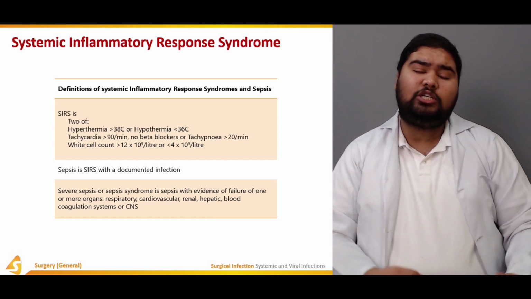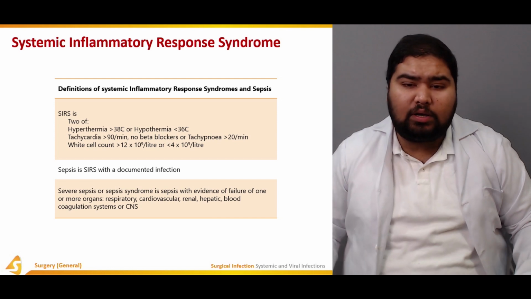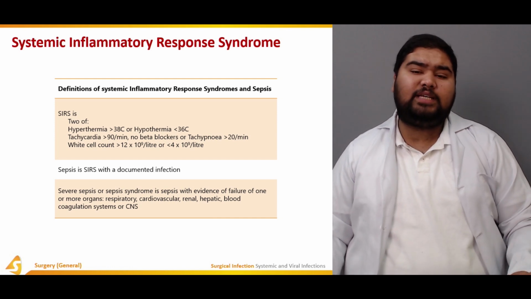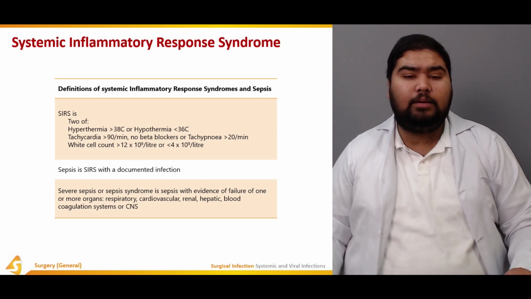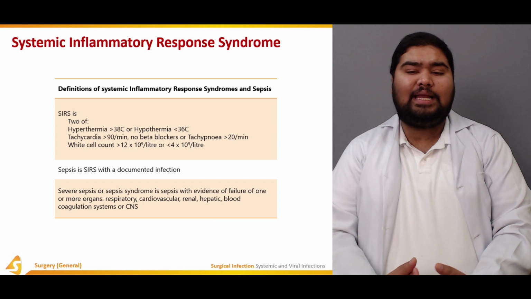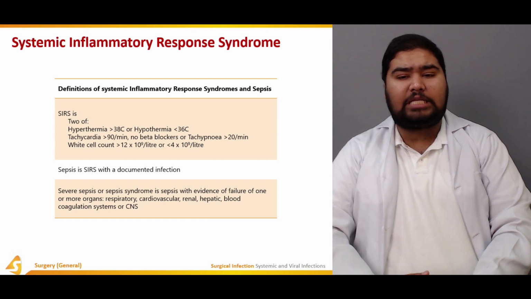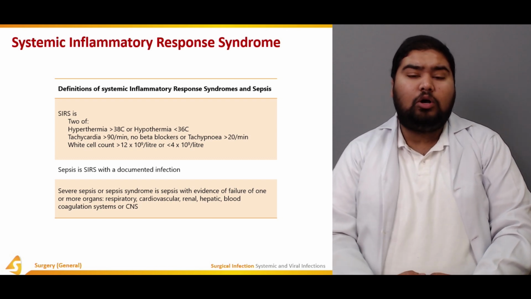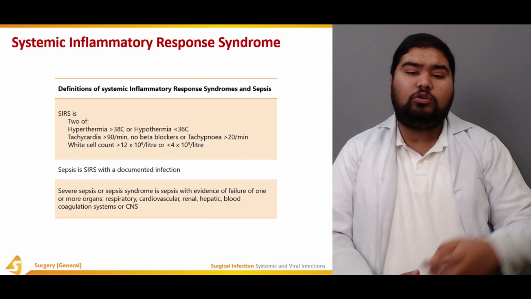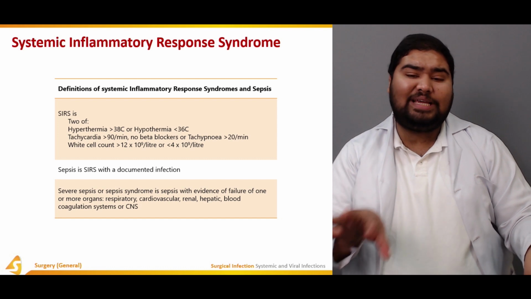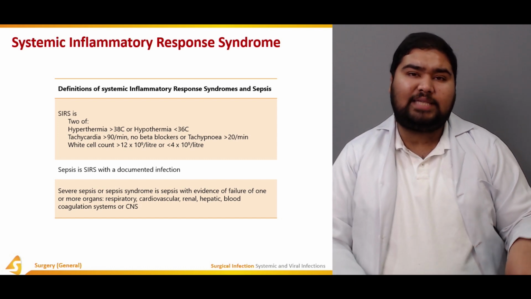This more than 90 should be with no beta blockers, or the patient might have tachypnea of more than 20 breaths per minute, and the white cell count is greater than 12 exponent 9 per liter or less than 4 exponent 9 per liter.